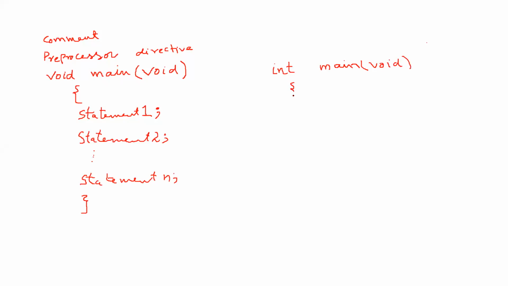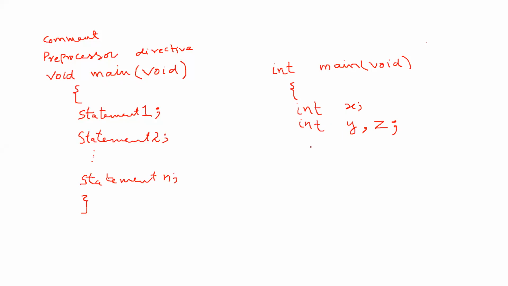In the brackets, we are going to declare two or three variables. Suppose I'm going to define an integer variable x, then another integer variable y, and z.